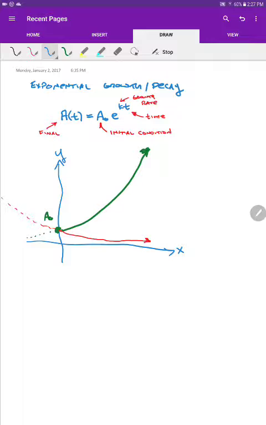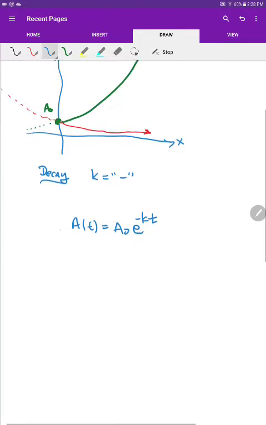So the difference is, for decay, k is a negative number. And that's pretty much the only difference. We handle the problems in exactly the same way that we handled problems before. So you'll end up with a formula that's something like A of t equals our initial value e to the minus kt. So, similar looking relationship.